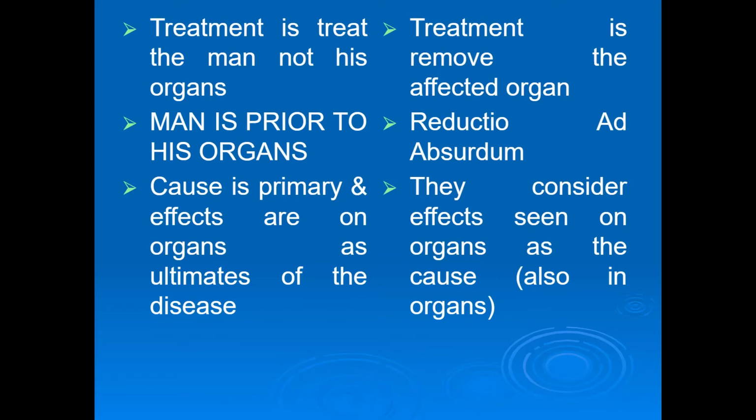So how is it possible that cause and effect are the same in the same pathology? It is not the correct thing. What is correct? The pathology in organs is due to some causes. And what are the causes? The causes are in the man's mind, his faulty willing and thinking.